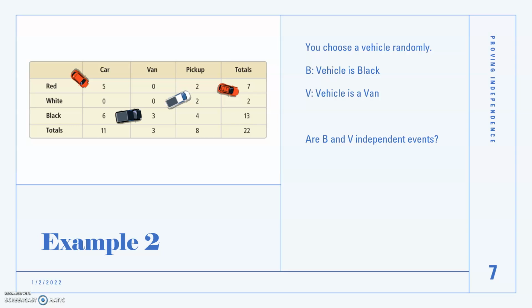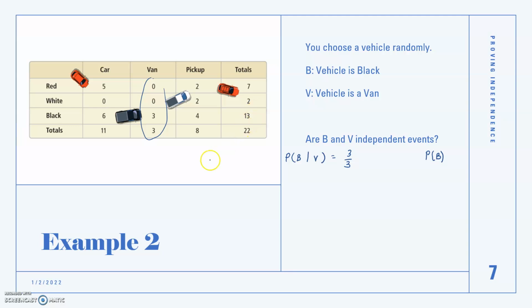So here's an example. You choose a vehicle randomly. B is the event that the vehicle is black, and V is the event that the vehicle is a van. We're wondering, are B and V independent events? One thing we can do is check the probability of B given V, and see if that's equal to the probability of just B. Given that you have a van, the probability that it's black would be 3 out of 3, so 100%.